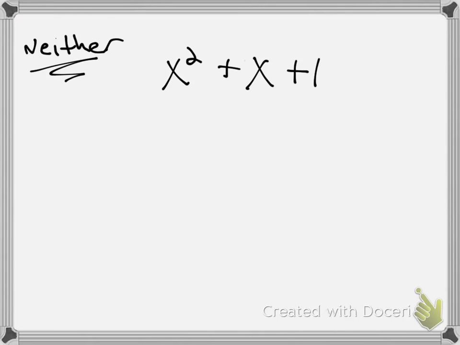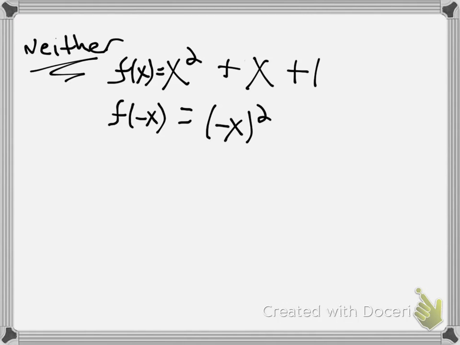And again, if that's what f of x equals, we're going to make all of our x's negative. So what would that look like? Negative x squared plus negative x plus 1. Negative x times negative x is x squared, plus negative x is just minus x plus 1.